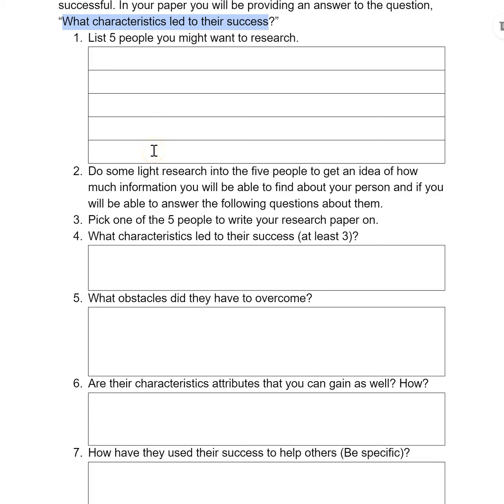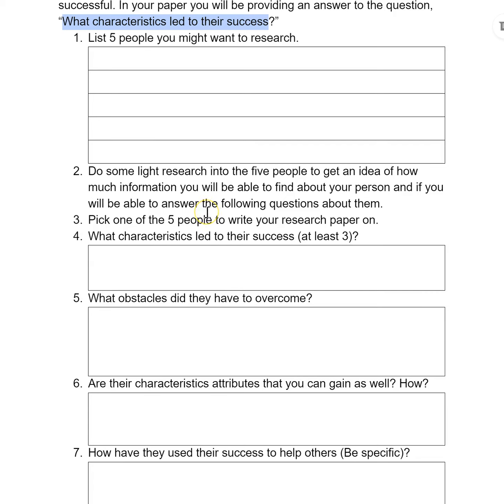What are some of the characteristics? Meaning, are they hardworking? Are they caring? Are they trustworthy? Are they responsible? All those different character traits that we go to for best in the West. Do they show grit and perseverance? Those are character traits. So what kind of character traits do they have that led them to their success? Okay.